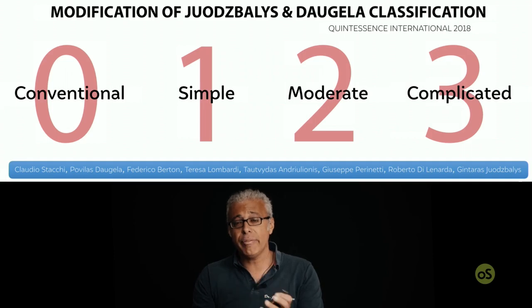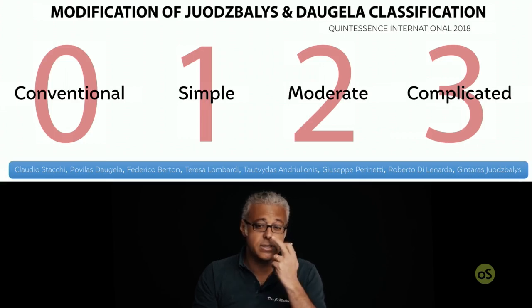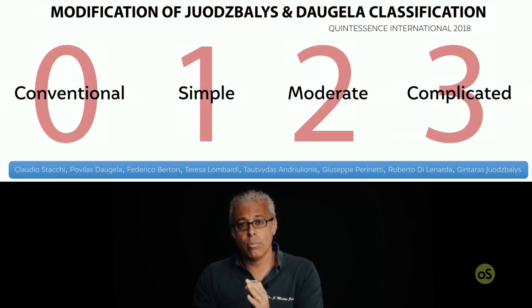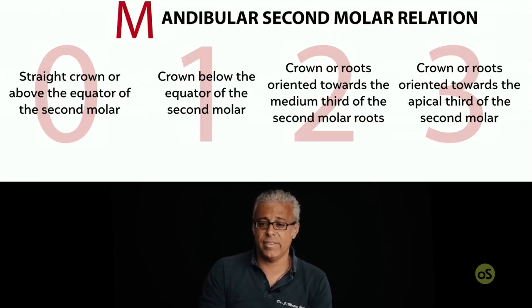So we are going to give 3 points to every parameter that we are going to consider. 0 points for a conventional easy case, 1 simple, 2 moderate, 3 complicated. So let's look in detail at this classification.